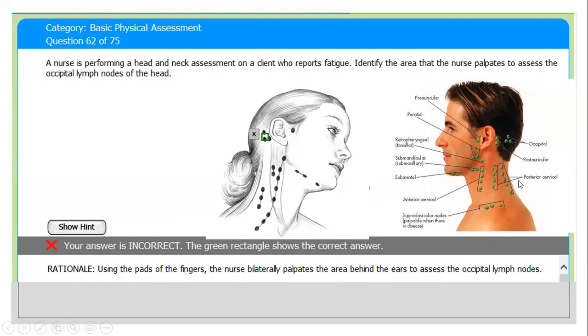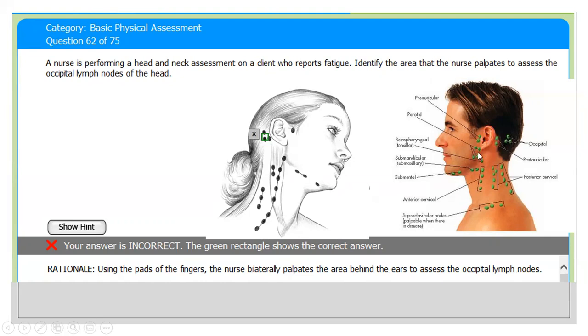In this picture, we can see the other lymph nodes. Anterior to the ear is called preauricular, because it is before the auricle. After or post the auricle, we call it postauricular, and then occipital.